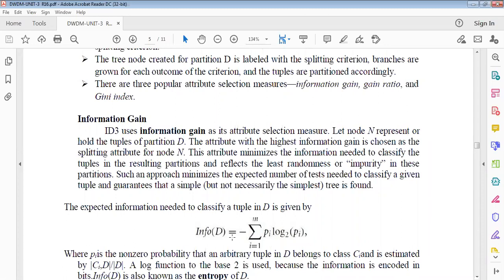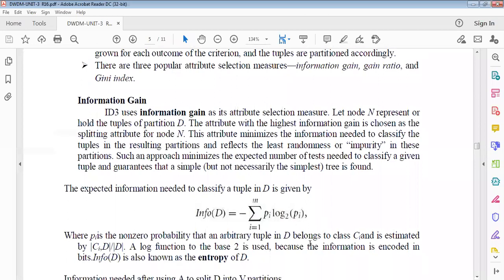Info(D) = minus summation of i equal to 1 to m of p_i log base 2 of p_i. By using this formula you can find the information for the tuple partition, where p_i is the non-zero probability that a tuple in D belongs to class C_i, estimated by |C_i,D| divided by |D|.